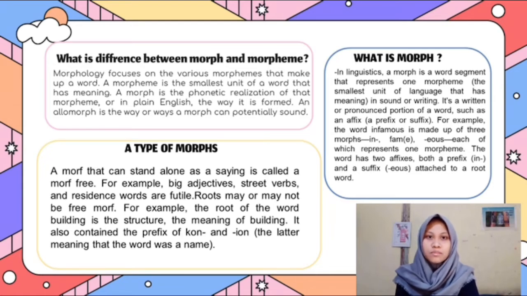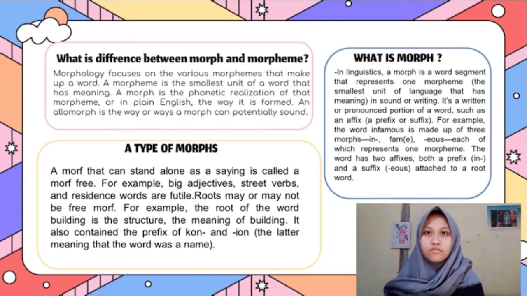It's a written or pronounced portion of a word such as an affix, a prefix or suffix. For example, the word infamous is made up of 3 morphs, in, fam, and us, each of which represents one morpheme. The word has 2 affixes, both a prefix in and a suffix us, attached to a root word.